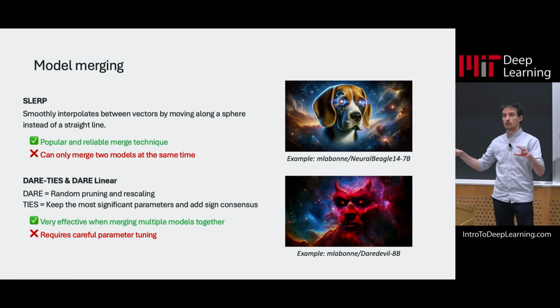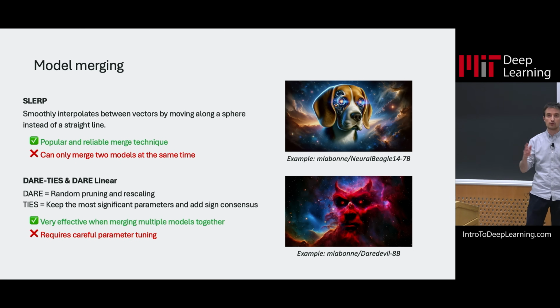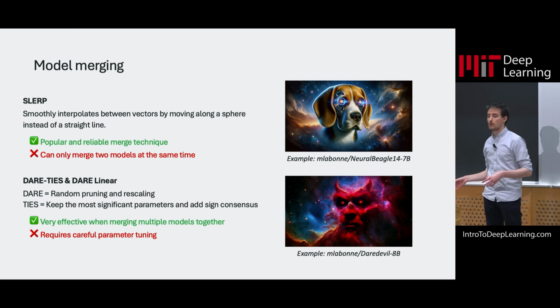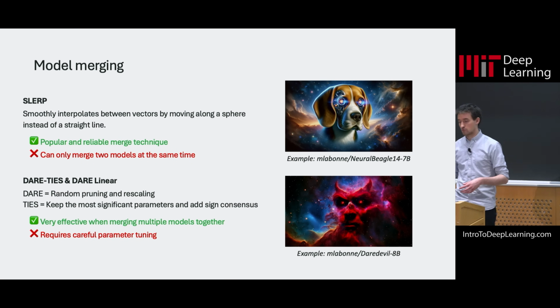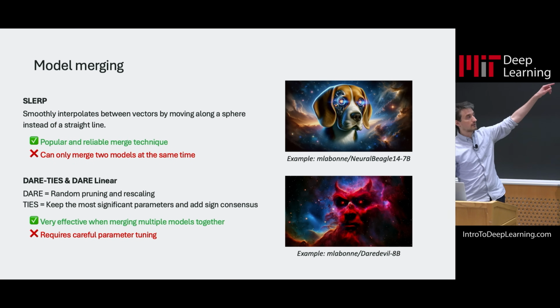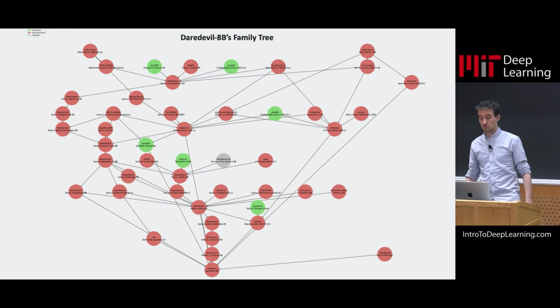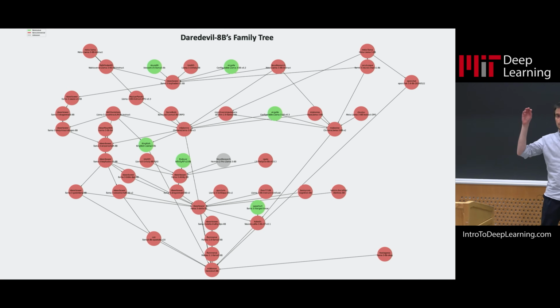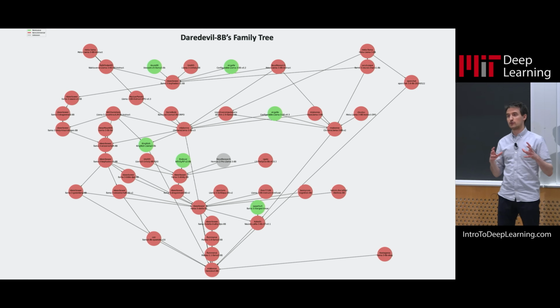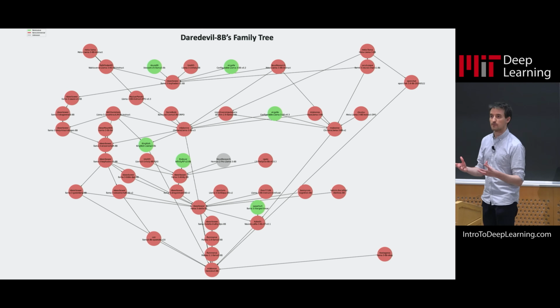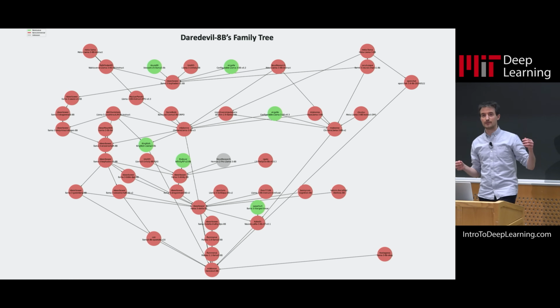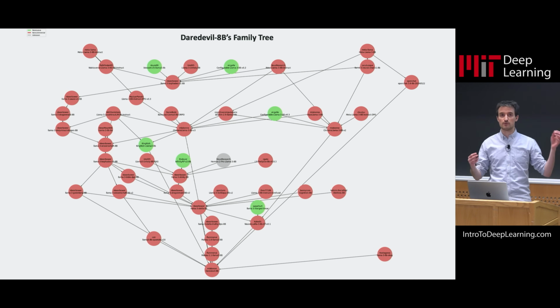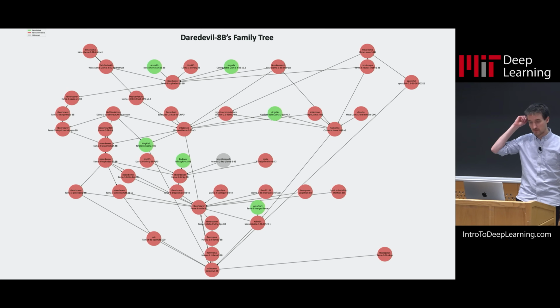And you have other models that might not be as good, so you want to prioritize the first one compared to the other ones. This is something that I've done to create the second model, like Daredevil. If you look at the family tree of the model, I was talking about merging models together, but you can also merge merges together, and you can iteratively obtain crazy family trees with models merged with each other.